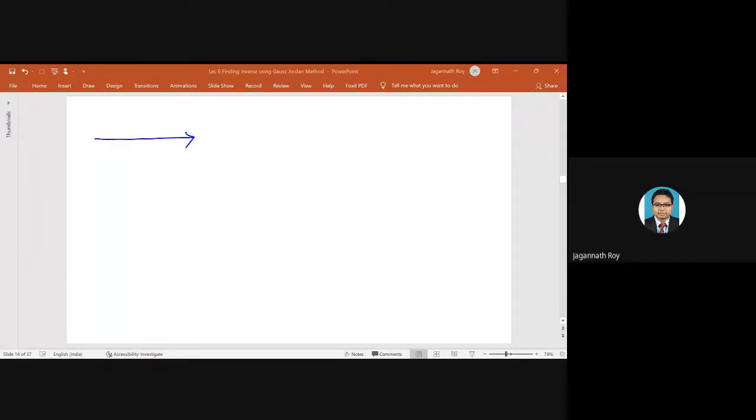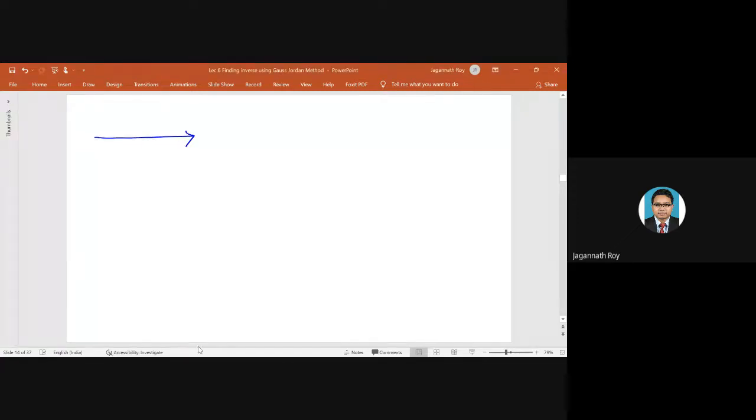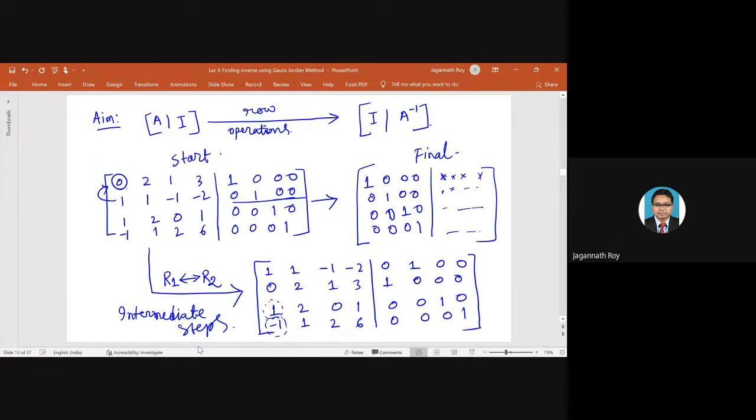Okay, so what we have to do is row 3 minus... Whenever we are trying to make something 0, we'll take the help of the pivot element.